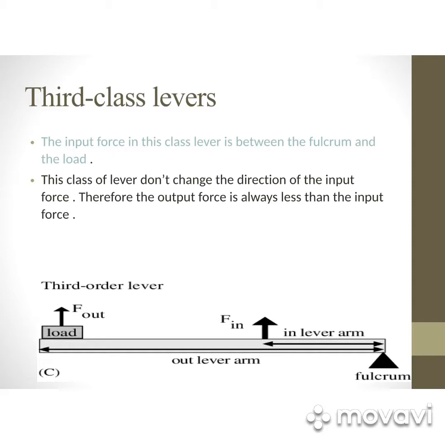So that's the whole idea behind it. You should remember that it does not change the direction of the force, just like the second class levers. Also, the input force is between the fulcrum and the load.